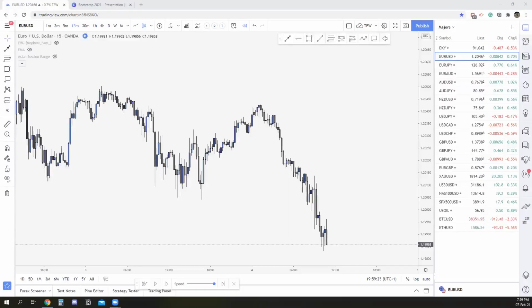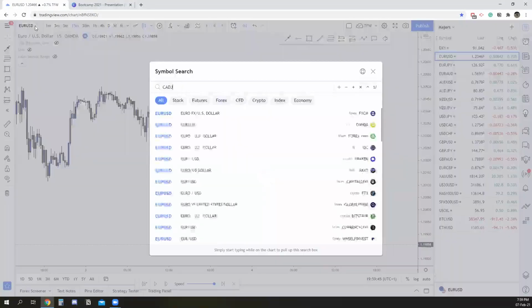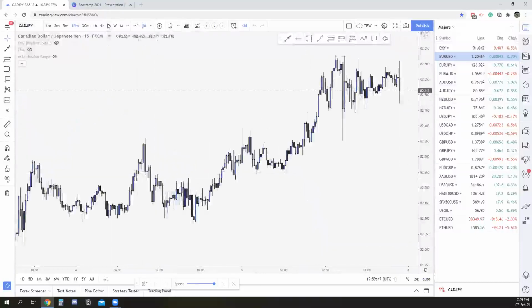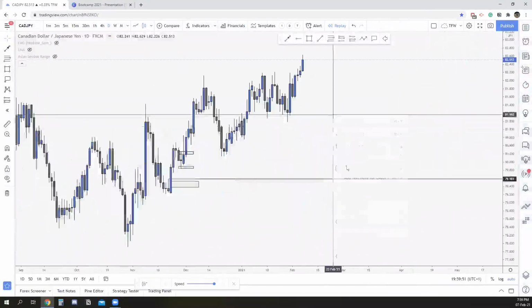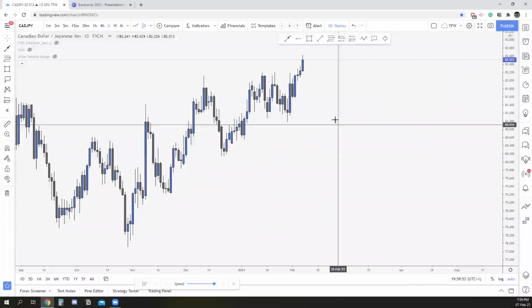All right. I think Clemence asked something about fractality. What would be your bias on CAD JPY daily time frame? Some would say bearish, some bullish. Okay, so you'd like to break down CAD JPY? Not a full breakdown, but it's confusing on the CAD yen.